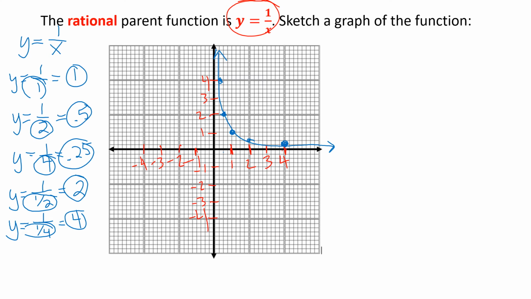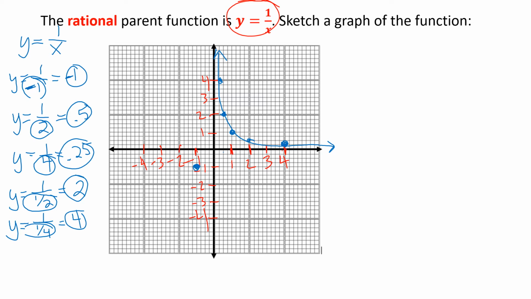I'm also going to show you what this looks like on the negative side. So think about over here, let me do this, 1 divided by -1. What if I change this to a -1? Looking at the left-hand side of my graph, 1 divided by -1 is -1. So I'm going to go over -1 on the x-axis and then down to -1 along the y-axis. Same thing with the next point.